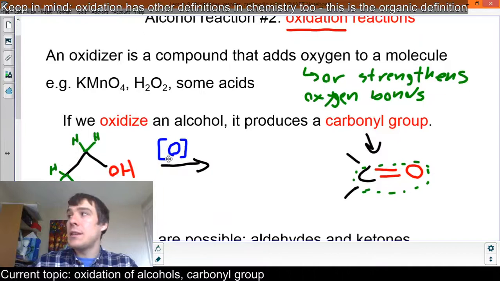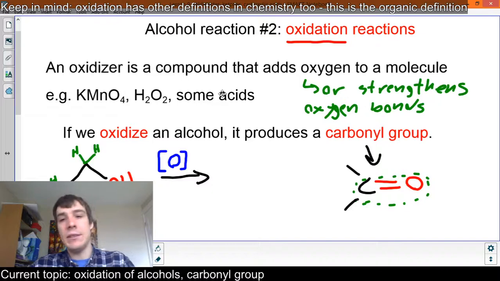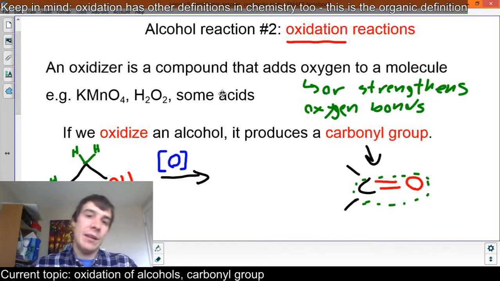To do oxidation, there are always reaction conditions. This is the symbol for oxidation, just an O in square brackets. There's a few different types of oxidizers. An oxidizer adds oxygen to a molecule. Popular ones are KMnO4, potassium permanganate, or hydrogen peroxide. Certain acids like sulfuric acid are good oxidizers, nitric acid as well.